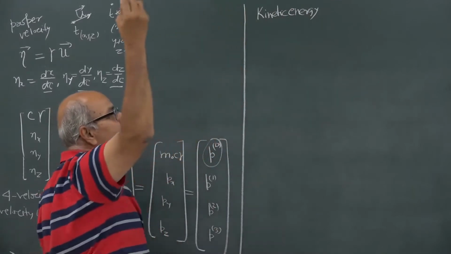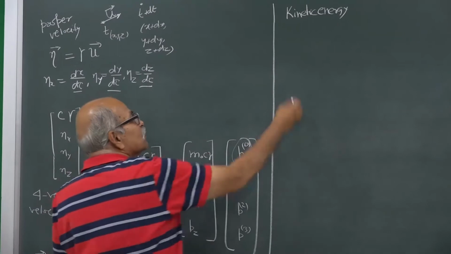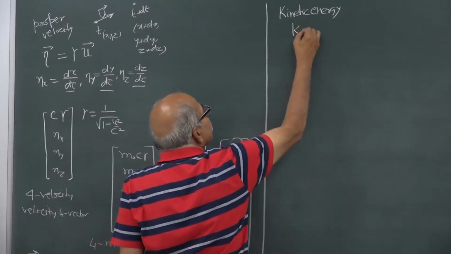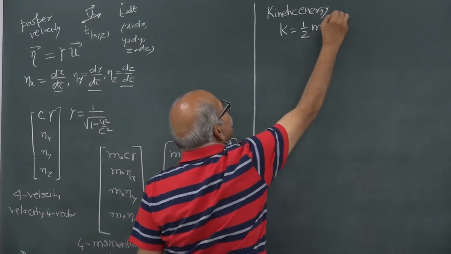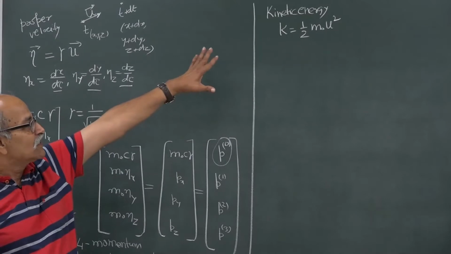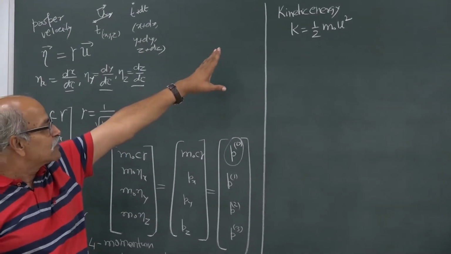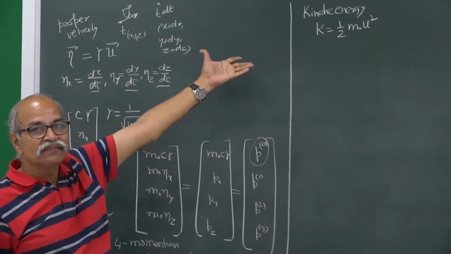You know, in Newtonian non-relativistic mechanics, we know the expression is very simple, half times mass times speed square, that is kinetic energy. How do I get this expression in non-relativistic Newtonian mechanics?